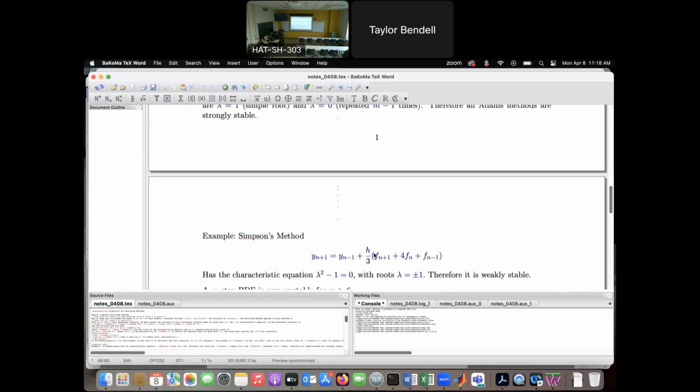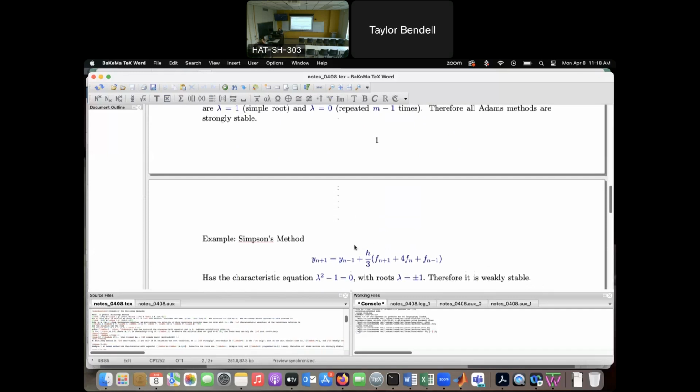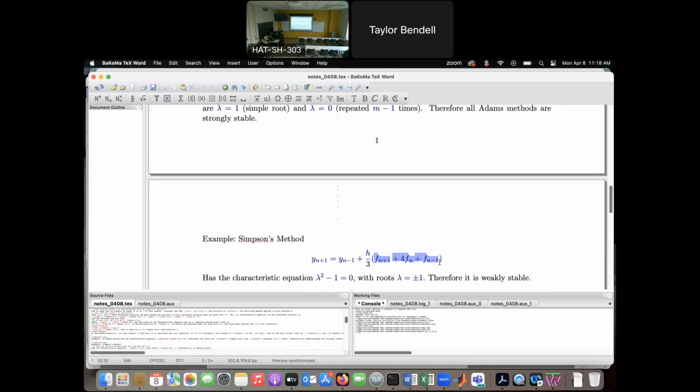Here's another example. This is a multi-step method that is neither an Adams method nor a BDF. It's called Simpson's method. The name comes from the choice of betas here. Notice we use values at times t_{n+1}, t_n, and t_{n-1}. And the middle time of those gets 4 times as much weight as the ones before and after it, which is similar to how Simpson's rule behaves for numerical integration.